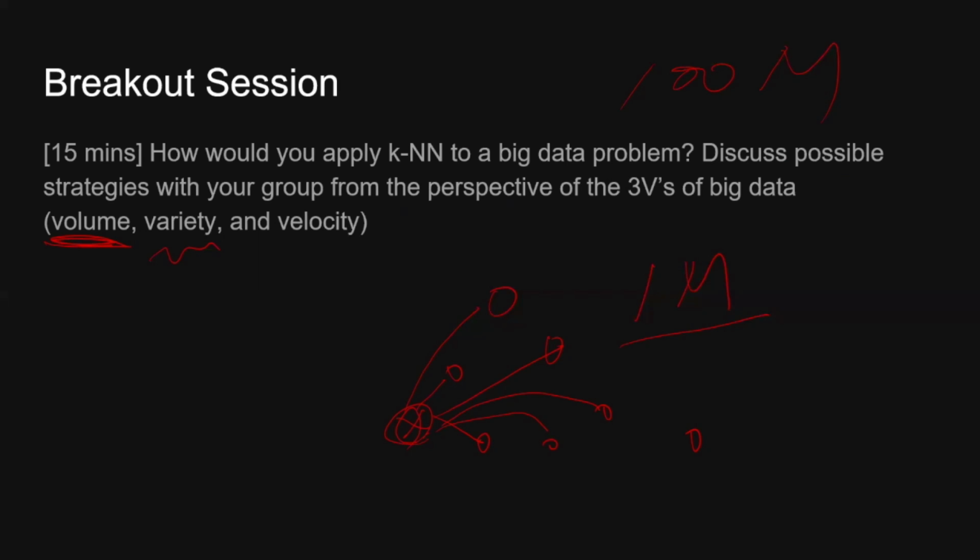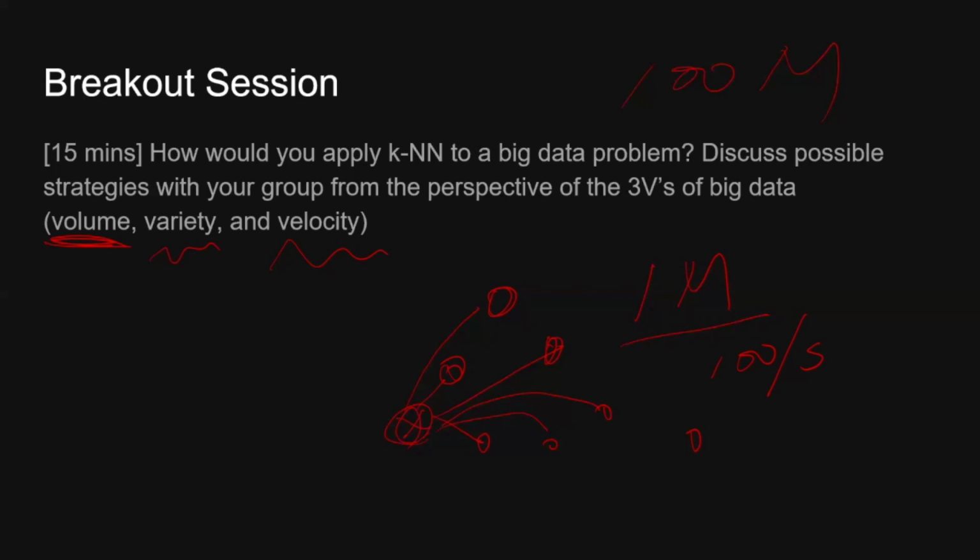Finally, in case you have data that is growing rapidly, what would you do to implement the KNN algorithm? So again, the situation is you have, let's say, 1 million points at the current stage, but then the data increases. The new data comes into your database at a pace of 100 samples per second. Okay, so you can easily imagine that your database is going to grow quite significantly.